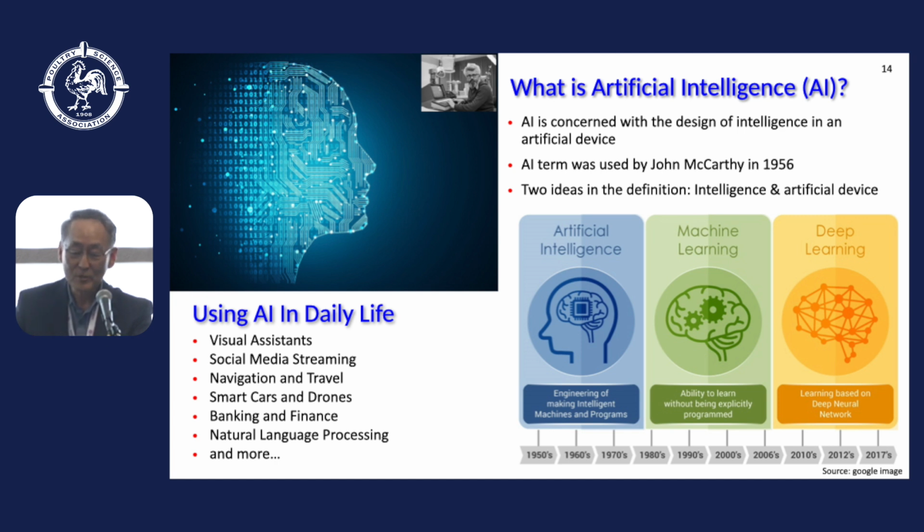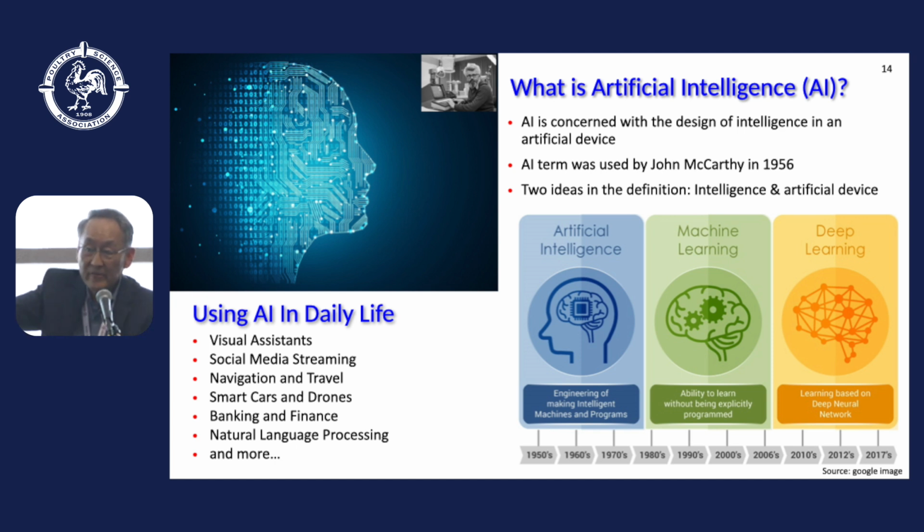This is actually the definition. The term AI was used by McCarthy around 1956. So basically there are two ideas in the definition, the intelligence and the artificial device. This is the AI we're talking about.